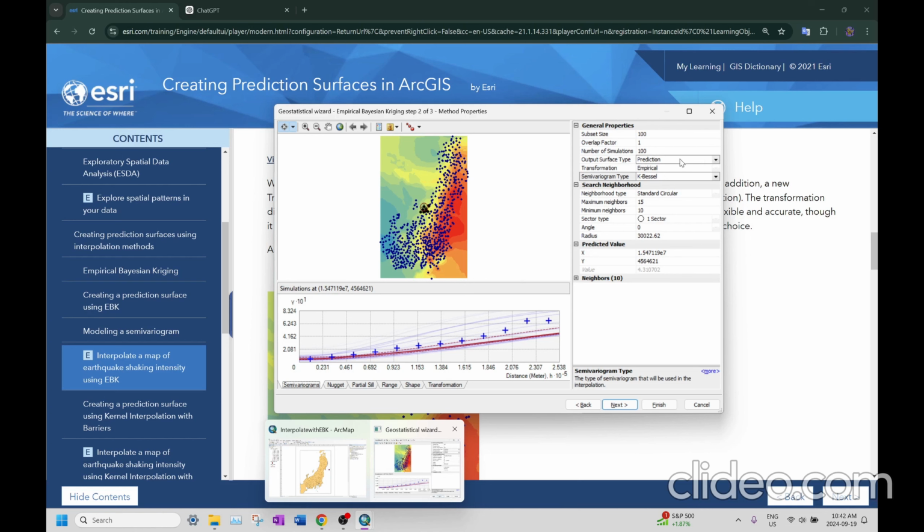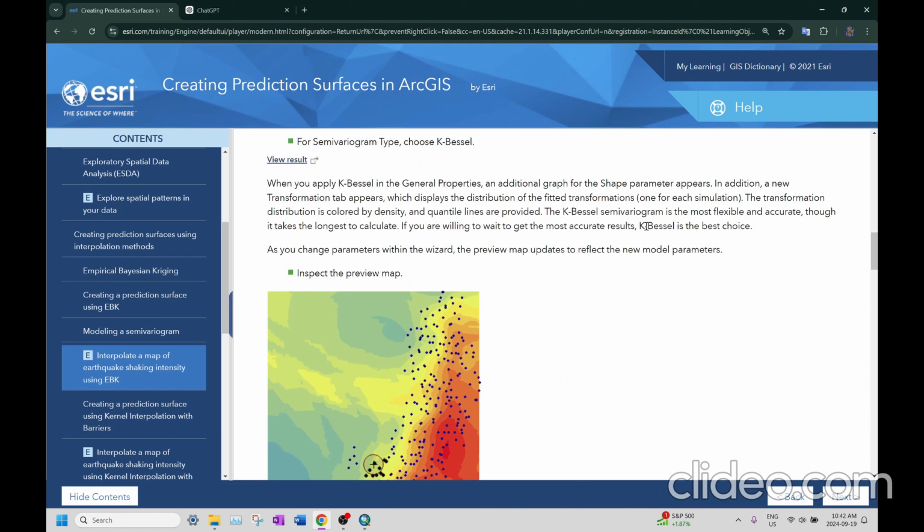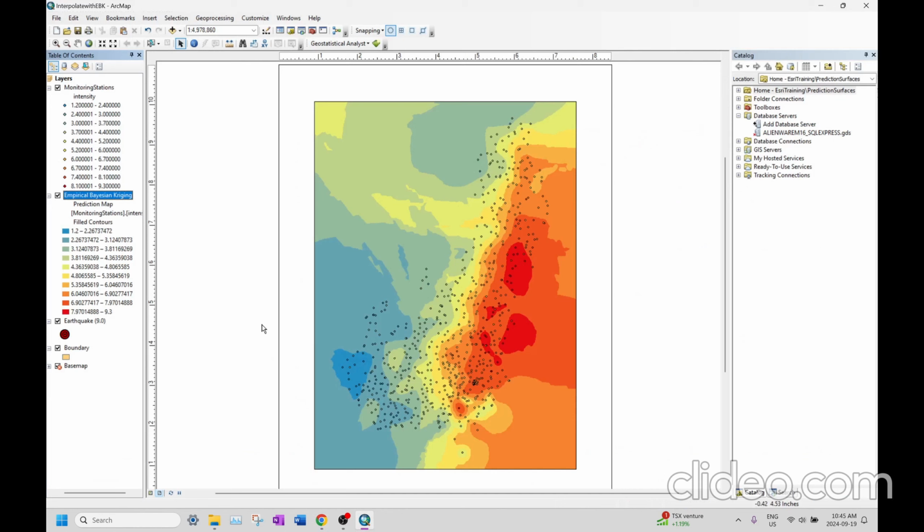For prediction, of course, you want to generate the prediction surface type, which is the most common one, and the transformation can be empirical, and the semi-variogram type is going to be K-Bessel, as mentioned, as K-Bessel is the best choice if you're willing to wait longer to get the most accurate results. And you can preview the map.